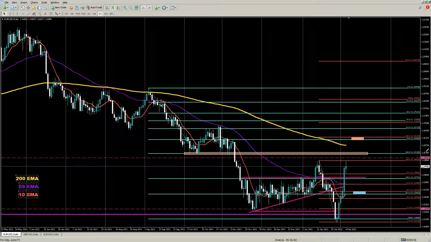Okay, perhaps let's move this support a bit higher. That's the first support here. And it did break above this rising trend line as well, and there's also a daily 55 EMA for support below that.